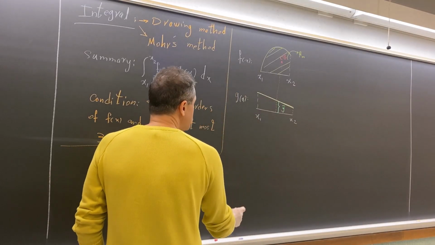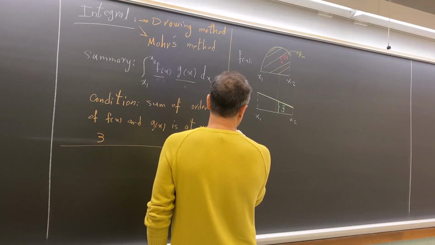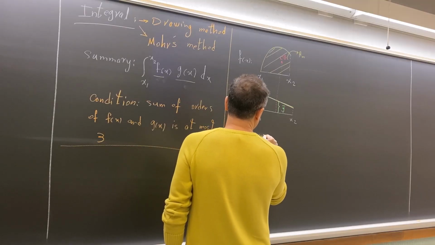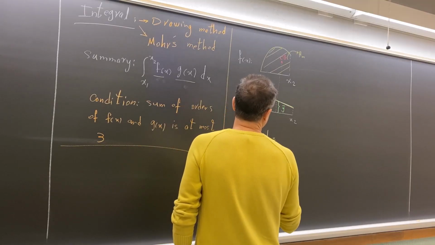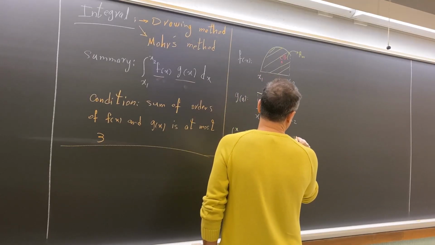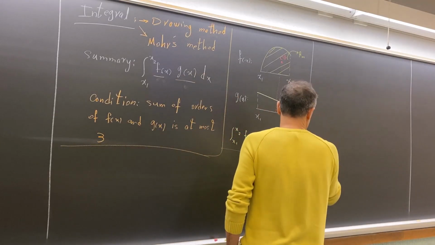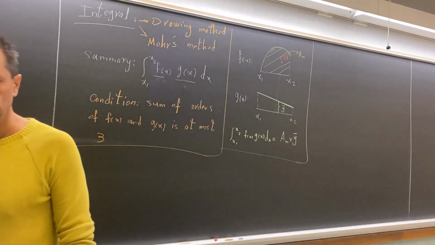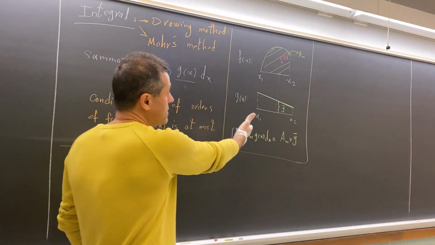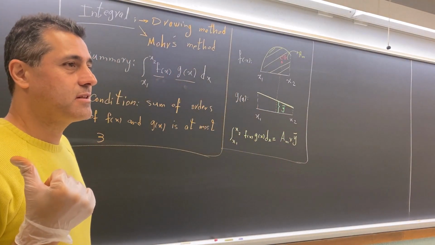So the integral from x1 to x2 of f(x) times g(x) is Am times y bar. This is the method. We are done. That is the method. So now we are going to apply this method for different figures as you saw in the table.